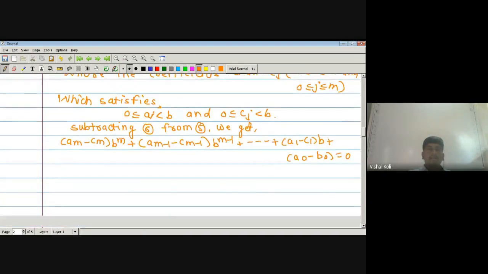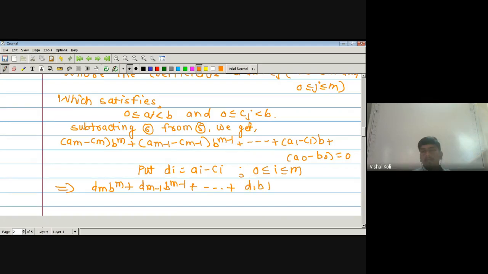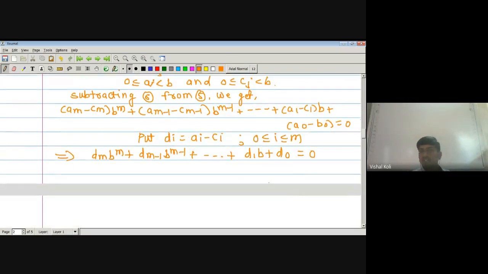Now let us put di as ai minus ci for each i which lies between 0 to m, which implies the above equation becomes dm b to the power m plus dm minus 1 b to the power m minus 1 plus and so on up to d1 b plus d naught, which is equal to 0. Take this as equation 7.